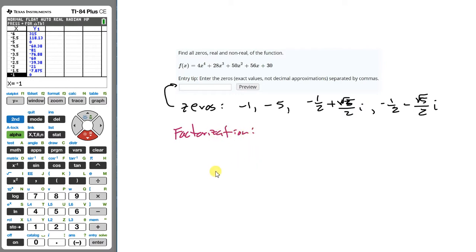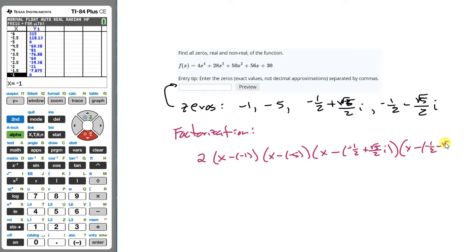Okay, well, remember that we had a 2 on the outside, and then we had x take away -1, x take away -5, x take away, parentheses again, -1/2 plus root 5 over 2 i, and x take away, parentheses, -1/2 minus root 5 over 2 i. Okay, and now I'm going to distribute the minus into those negatives. And so what do I get?